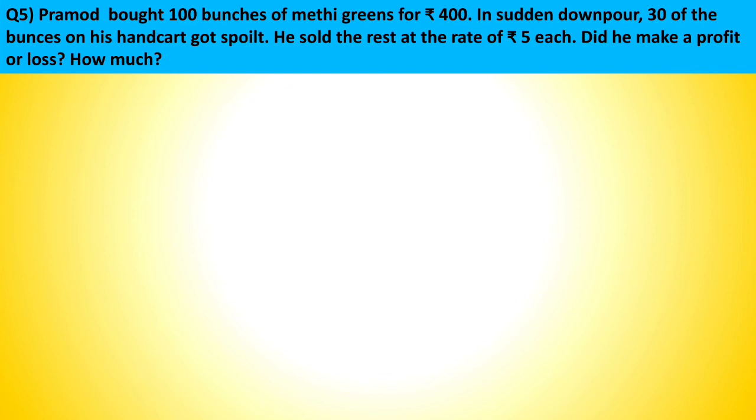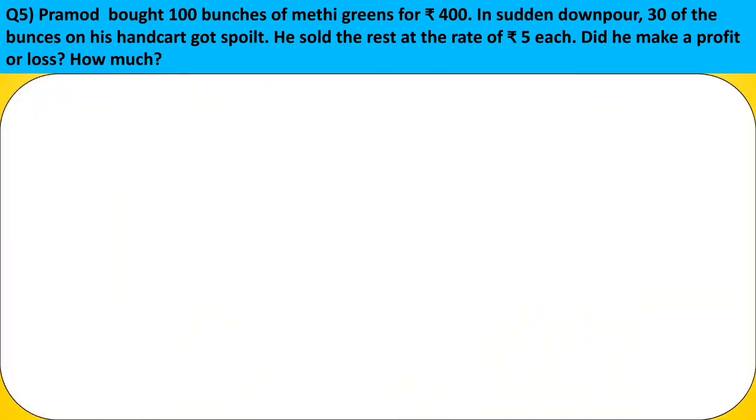But due to some reason, 30 of those bunches got spoiled. So the remaining bunches he sold for rupees 5 each. One bunch for 5 rupees. So we will multiply the remaining bunches by 5. Then we will get the selling price. After that we will see whether it is profit or loss.